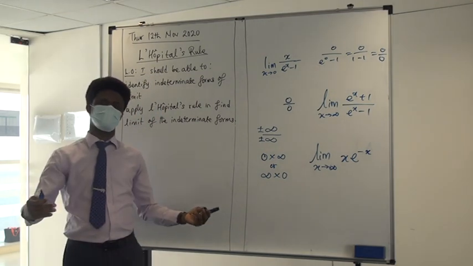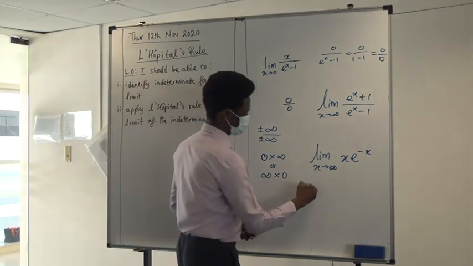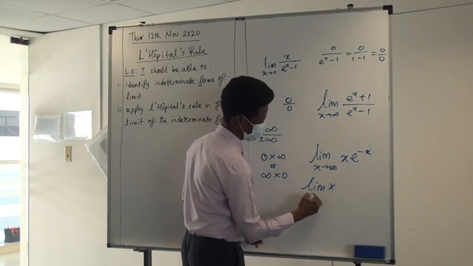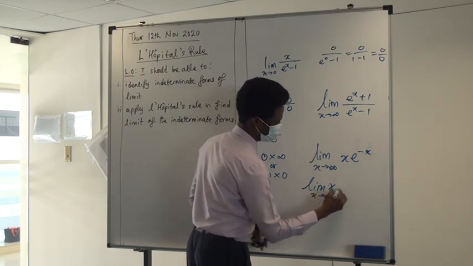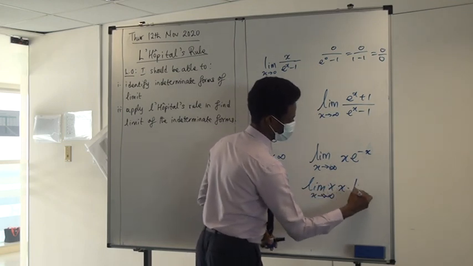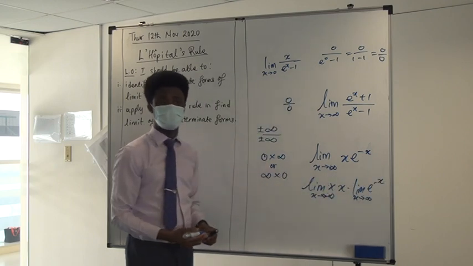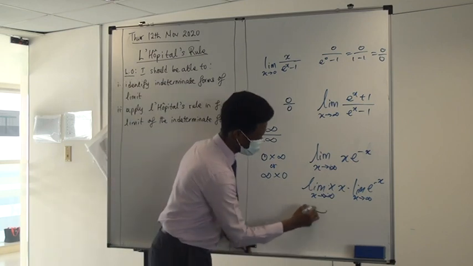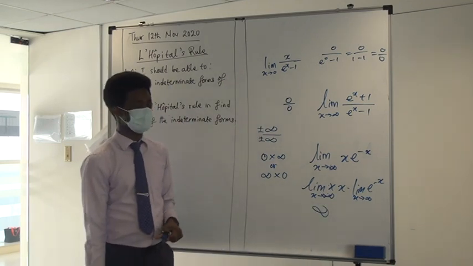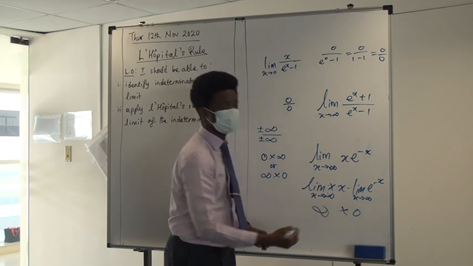If you separate by product, the limit of the first one, the limit of the second, the property of limits allows us to do that, right? This will explode, right? The limit of this will be 0.